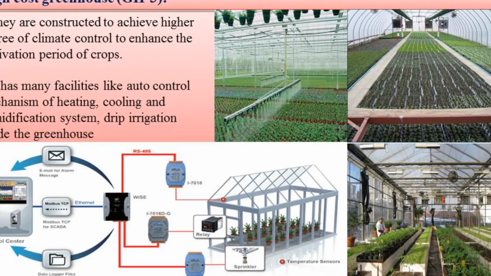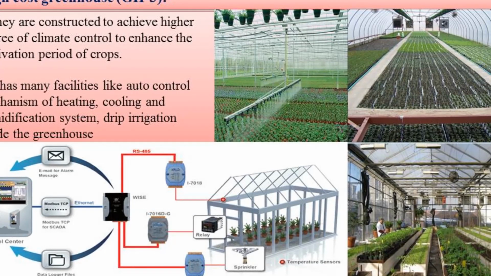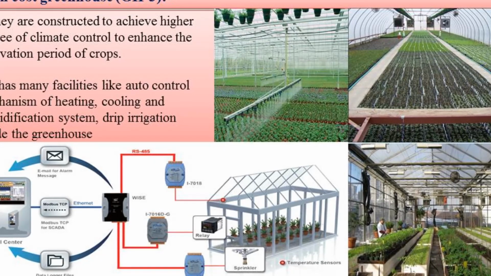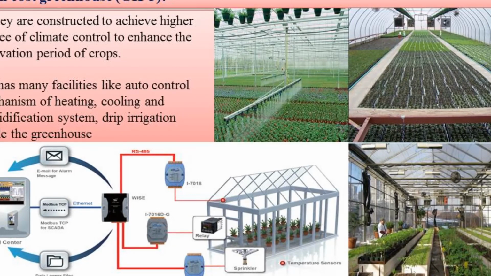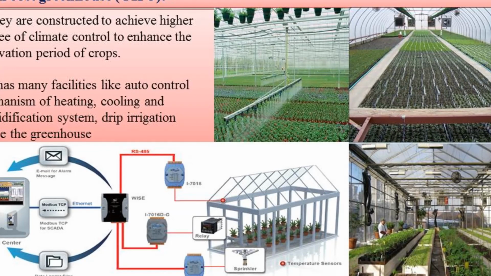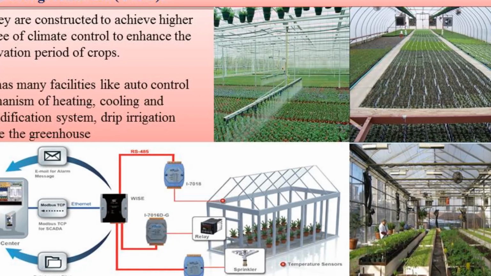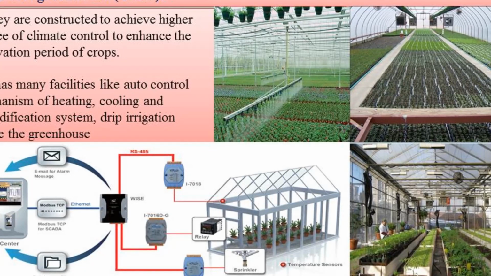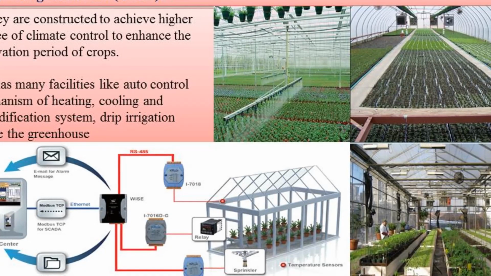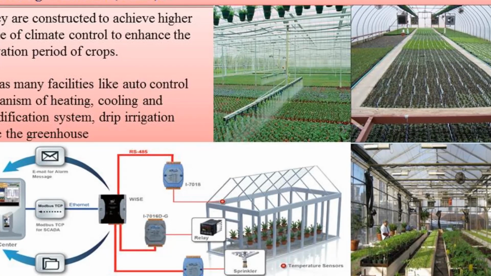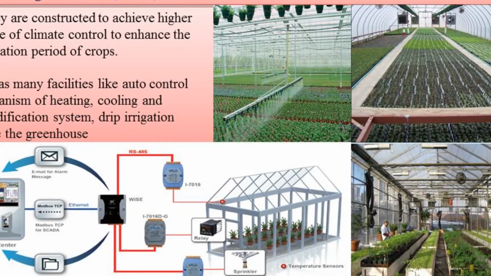It also has an auto evaporative cooling system, which helps to lower the temperature inside the polyhouse as per the requirement of the crop, and helps to boost the growth of the crops. Besides this, the polyhouse has a humidification system and drip irrigation system inside.